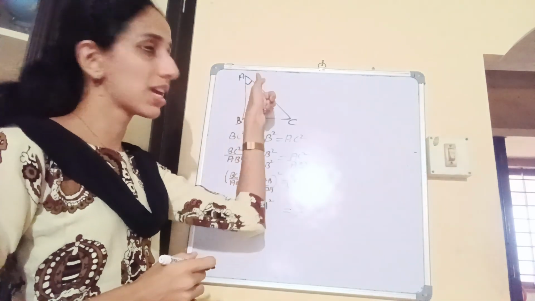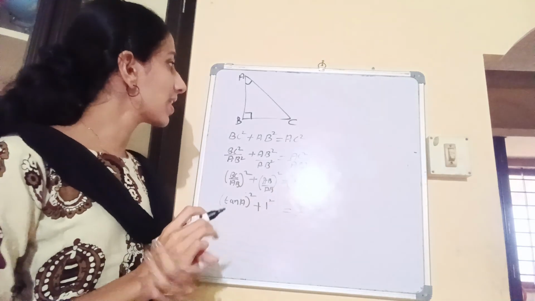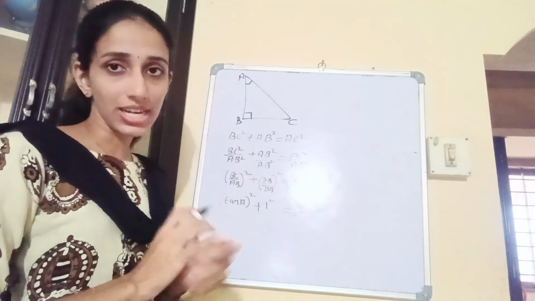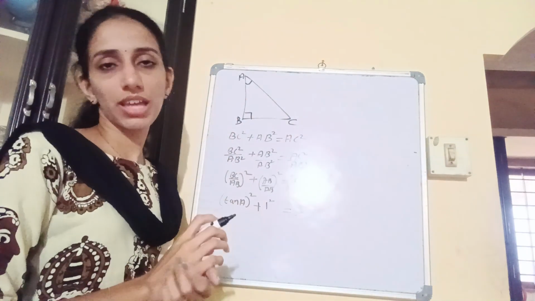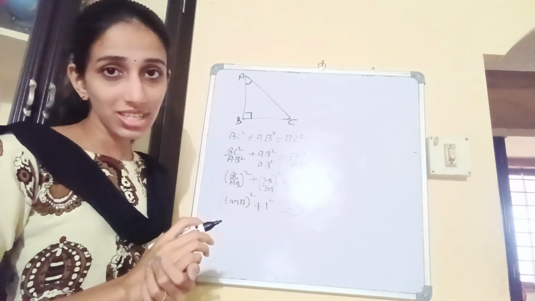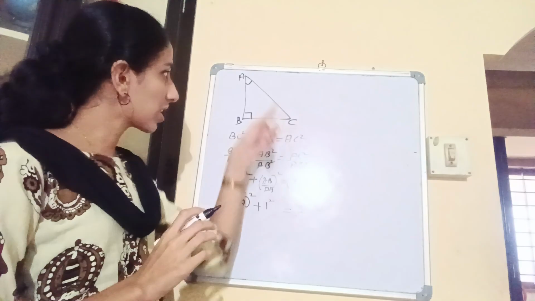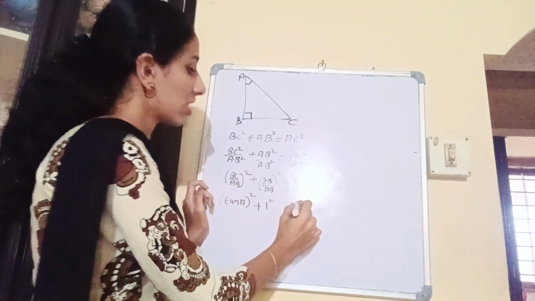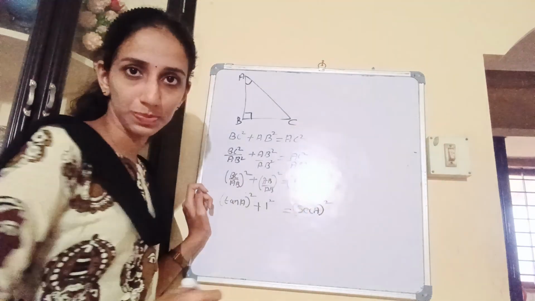What is AC by AB? AC is the hypotenuse, and AB is which side of angle A? AB is the adjacent side of angle A. So hypotenuse by adjacent side. Which trigonometric ratio was that? Yes, it is sec theta. Okay, sec A, since here we have taken angle A. So we can rewrite it as sec A whole square.